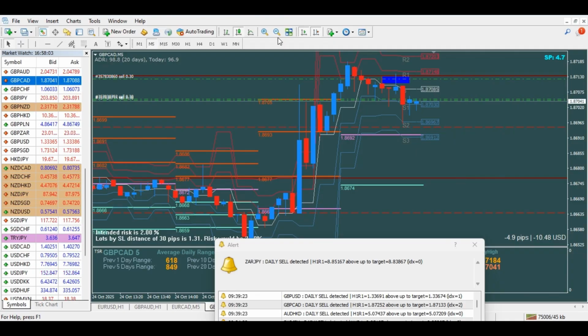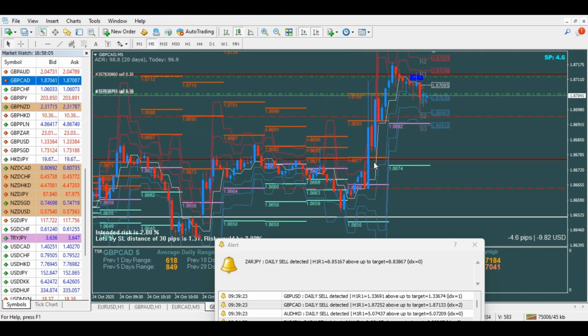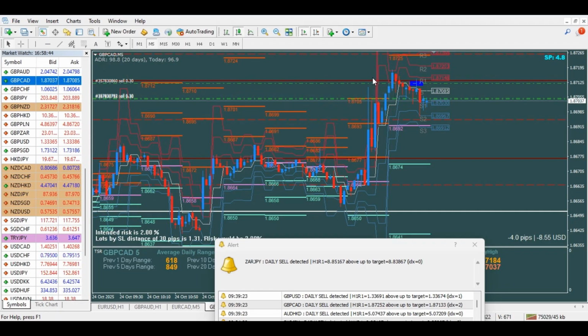So just to recap the process here, this break beyond the previous H1R3 is the beyond phase, where price is exhausting. It's accelerating and exhausting.